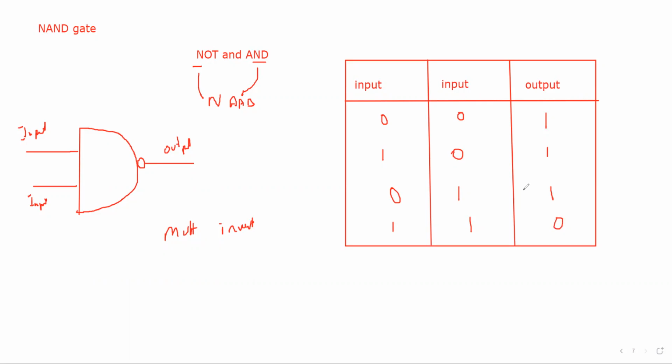So you can see the final output will be 0, because 1 multiplied by 1 is 1, but as the final it is inverted, so it becomes 0.